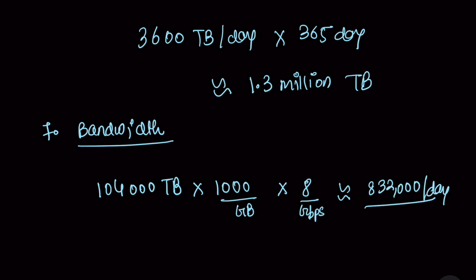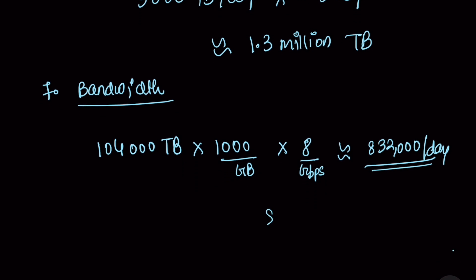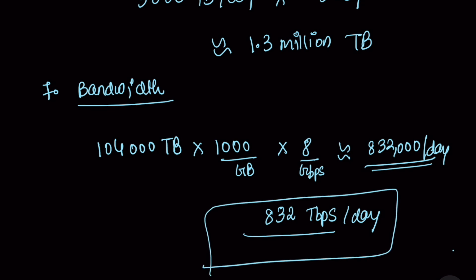And now you can even convert it to TBps. You just have to remove the 3 zeros. It would be 832 TBps, terabyte per second. And this is the bandwidth YouTube will need to serve all the video streams globally, okay.